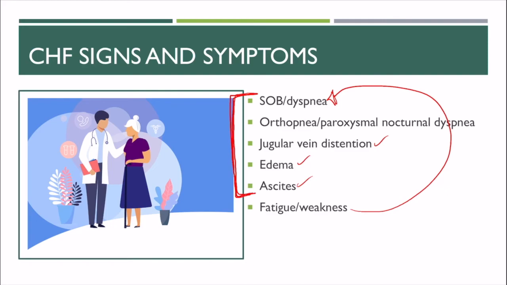You get that feedback loop to the brain that you're needing more oxygen, and it creates a sensation of shortness of breath and dyspnea. Similarly, drowsiness and change of mental status is related to the reduced cardiac output. If you are not delivering enough oxygen to the brain, there will be changes in mental status and it can cause a lot of drowsiness.